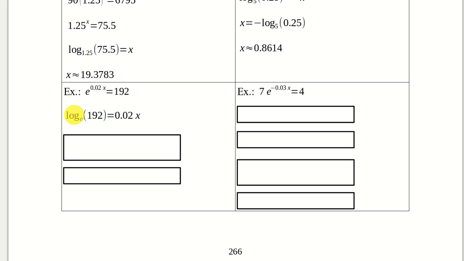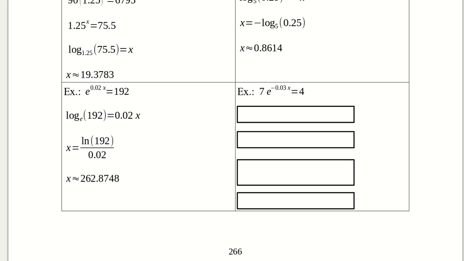The log base e is, by definition, the natural log. So in the next step, we're going to rewrite that as the natural log. Now, we need to get the x by itself, and the x is attached to the 0.02 by multiplication, so undone with division. We put this in our calculator, and out comes approximately 262.8748.